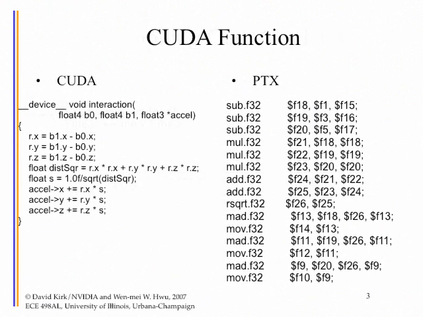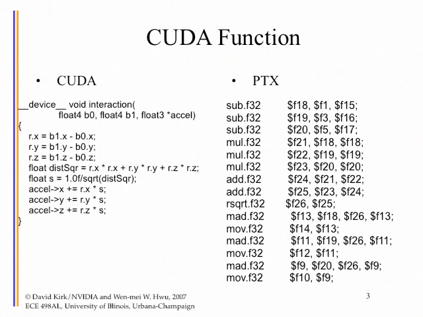So just to give you a little bit more background about how to read PTX code, let's say you have a piece of CUDA code, which is a CUDA function. Okay, so this is a small piece of CUDA function that does some calculation and some square root and so on. So this represents a little floating point library function.